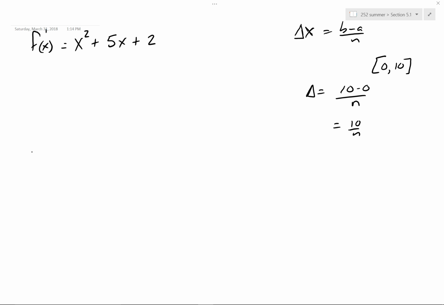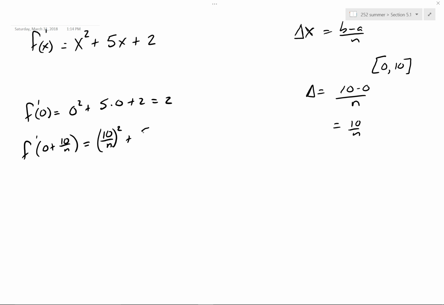Let's say at 0, you'd have f prime of 0. Well, that would be equal to 0 squared plus 5 times 0 plus 2. It's just 2, obviously. What if I did f prime of 0 plus 10 over n, right? That is just one time. Well, it'd be 10 over n squared plus 5 times 10 over n plus 2, right?